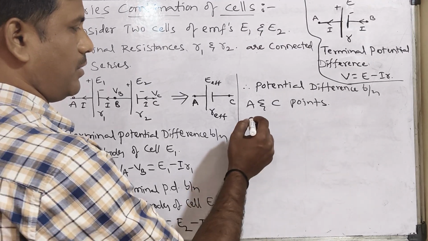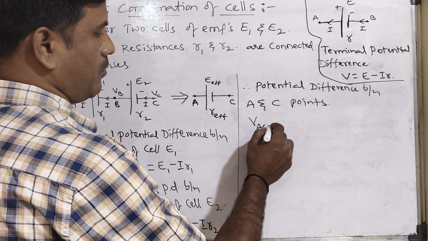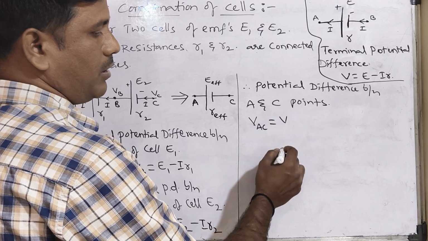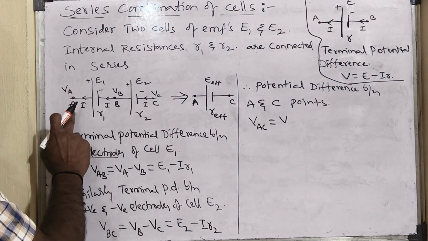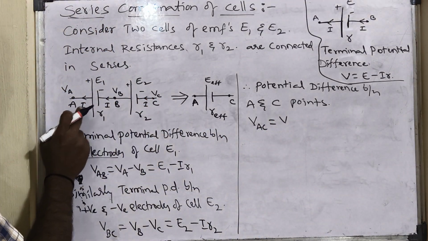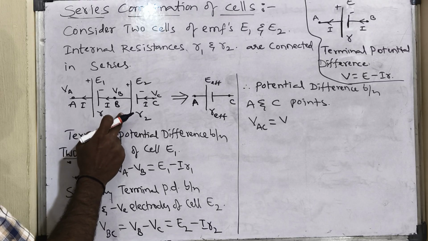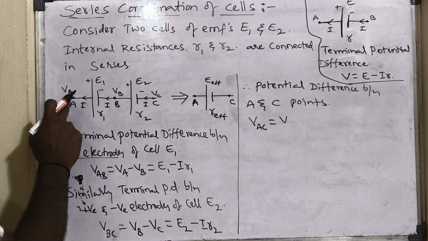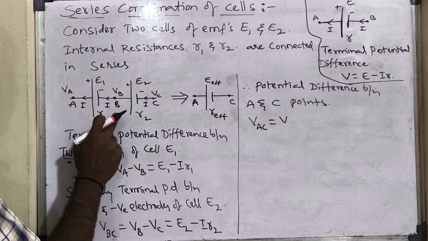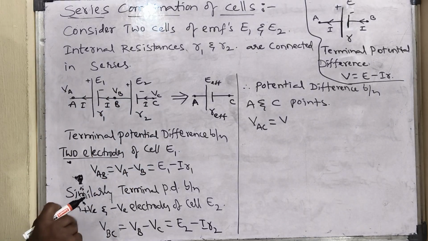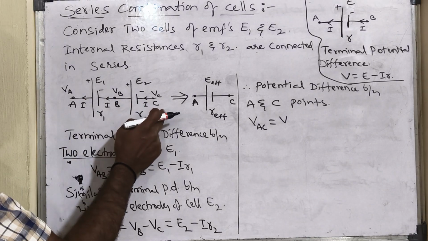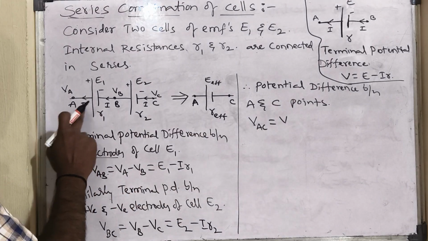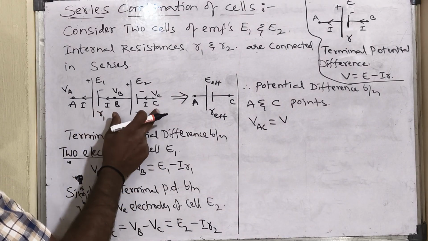VAC is VAB plus VBC, that is A to B plus B to C, and that is the total value.